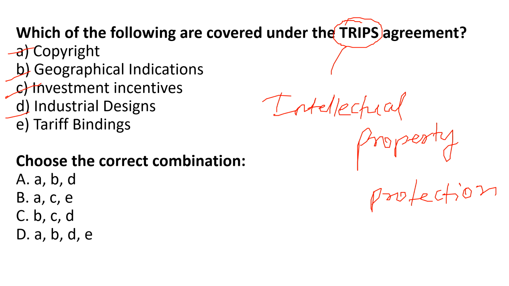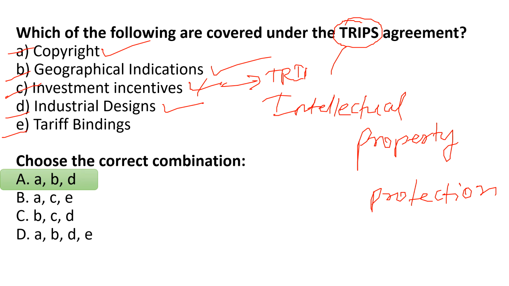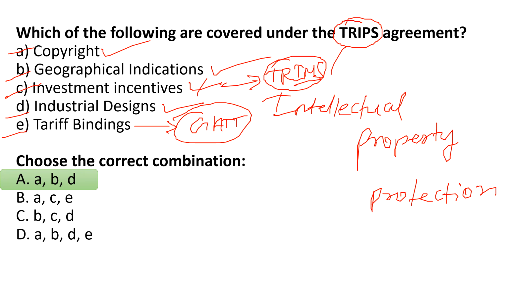So the right answer should obviously be A, B and D, because copyright, GI tag and industrial designs are covered in the TRIPS agreement. Investment incentives are not covered because they relate to TRIMs, not TRIPS. And tariff binding is related to GATT, not TRIPS. Correct? So that is why only A, B and D are the correct answers. Understood?